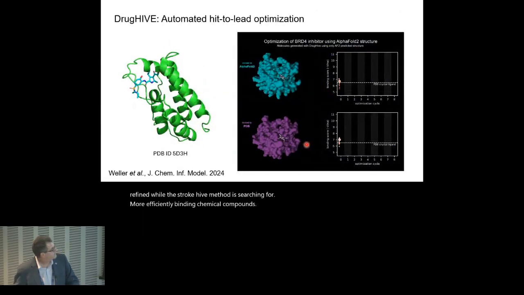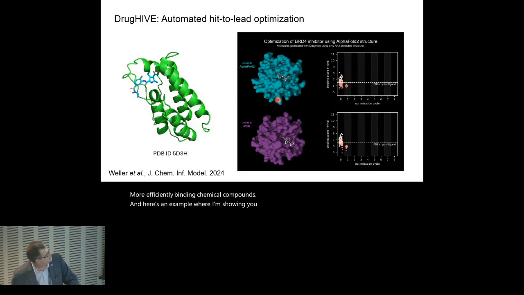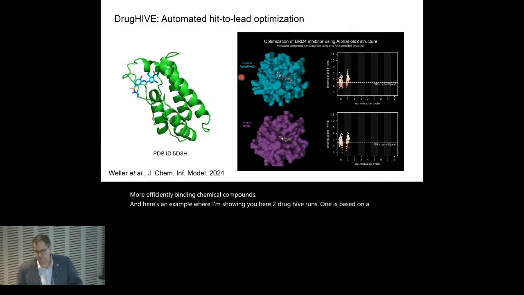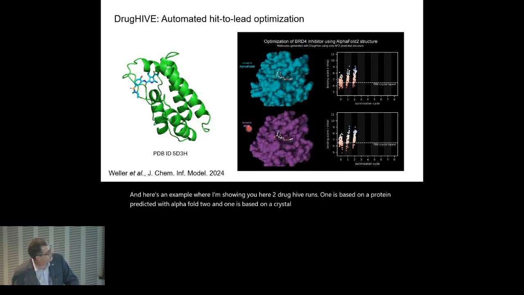And here is an example where I'm showing you two DrugHive runs. One is based on a protein predicted with AlphaFold 2, and one is based on a crystal structure available in the Protein Data Bank.